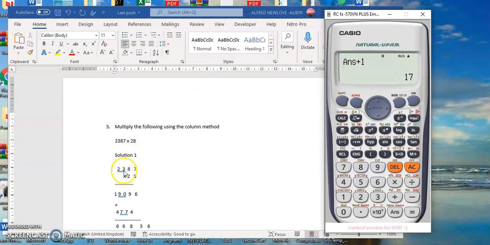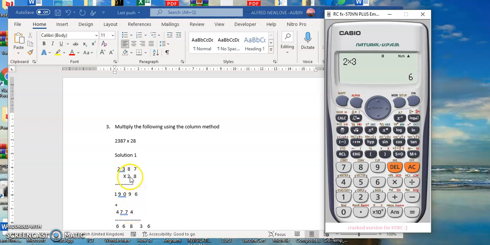Then we are going to have 2 times 3, which is 6. Plus 1 is going to give us 7. Then you do the last one. 2 times 2 is what? 4.